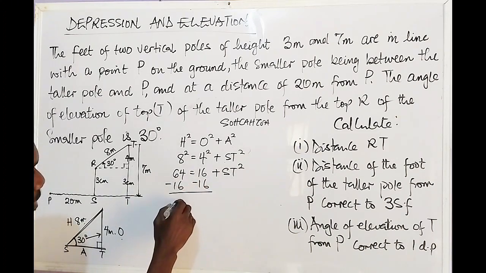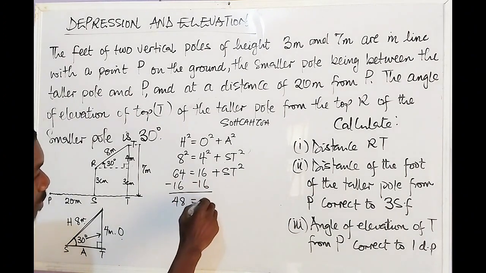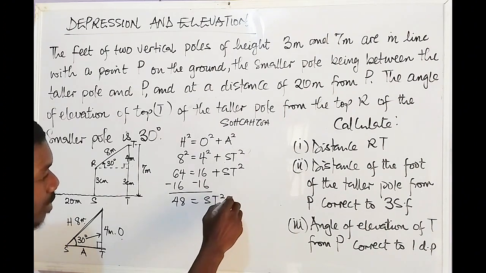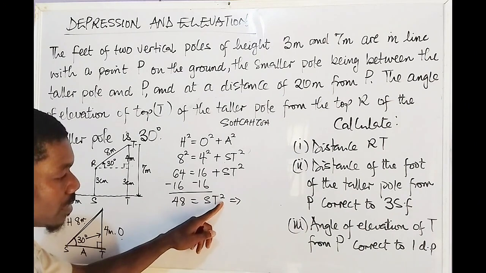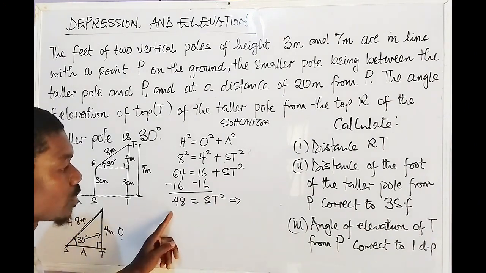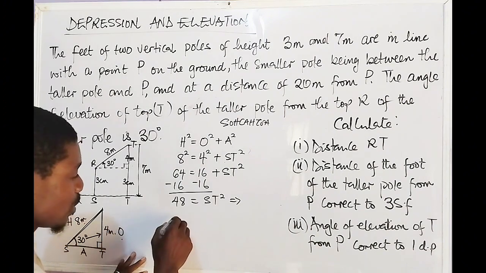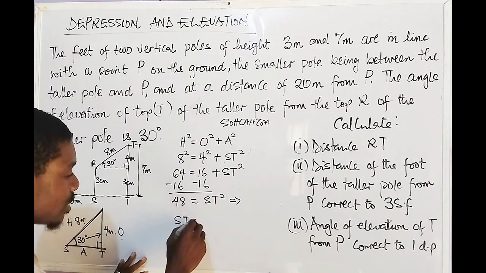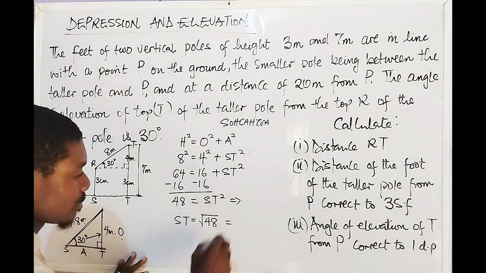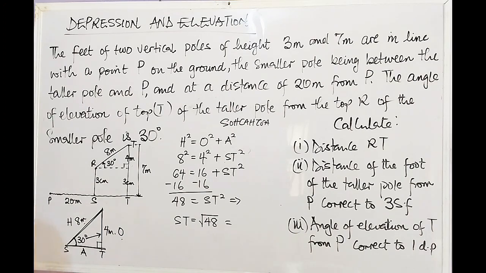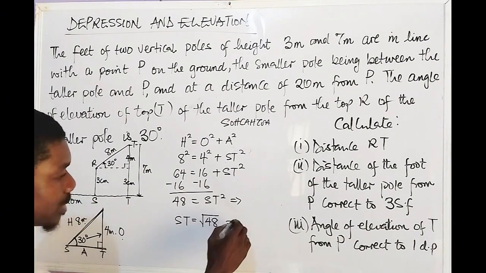So here you have 48, then equals ST squared, which, for us to remove this square here, you have to square root both sides. And by square rooting both sides, you have that ST then equals the square root of what? 48. Alright, and the square root of 48 now is 6.9282.